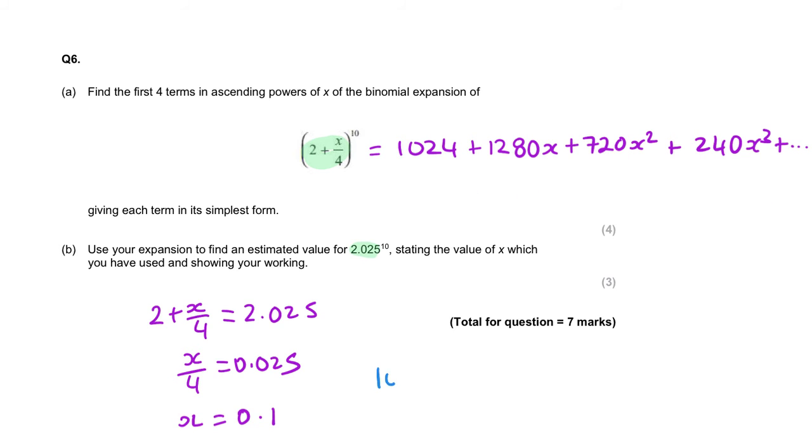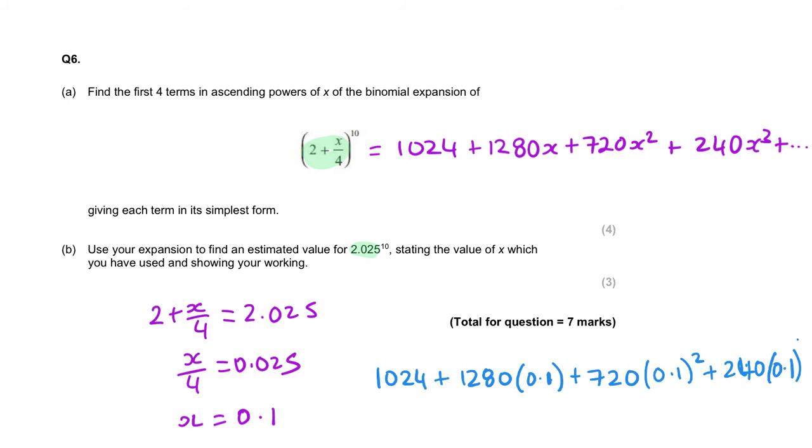So we're going to have 1024 plus 1280 bracket 0.1. Remember, this is a 3-mark question. You have to show this working out. Plus 720 0.1 squared plus 240 0.1 cubed.